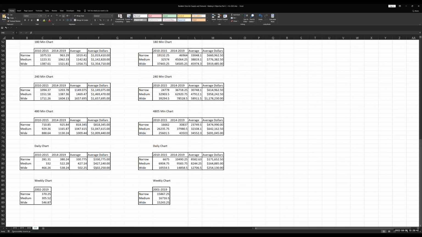But again, when you compare the amounts to be made here, you see that as you go down to lower time frames, generally speaking, the amounts to be made increase, except for the 180. The 180 is the odd man out.